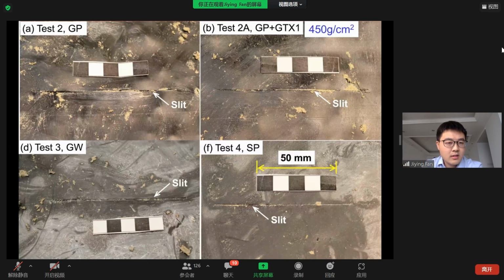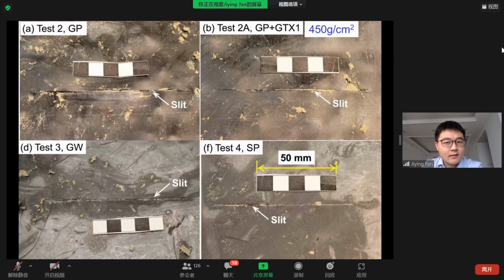This is because of the differential settlement and the surface irregularity arising from the poorly graded gravel and well-graded gravel subgrade. The subgrade surface irregularity was improved with the presence of more sand-sized particles for the poorly graded sand subgrade in test 2 or in test 4.